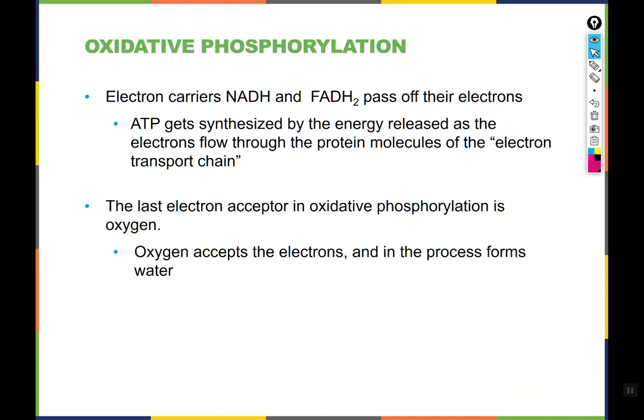So ATP gets synthesized by the energy released as the electrons flow through the protein molecules of the electron transport chain. And that's even a little reductive, as I'll explain in a moment when we get to that slide, so just stay tuned for more on that. The last electron acceptor in oxidative phosphorylation is oxygen. Oxygen accepts the electrons and in the process forms water.